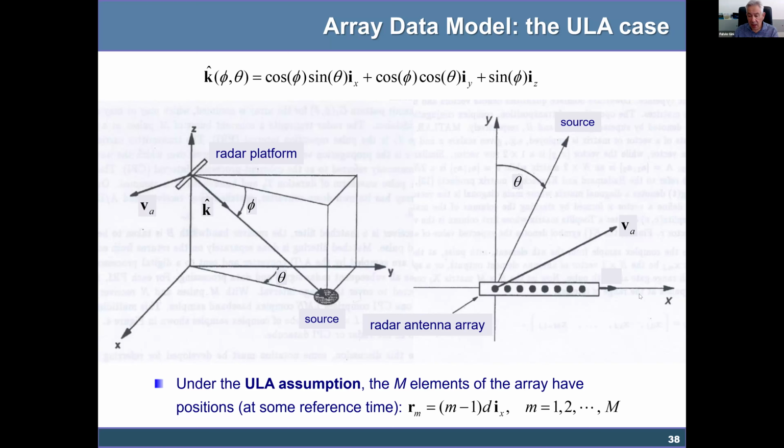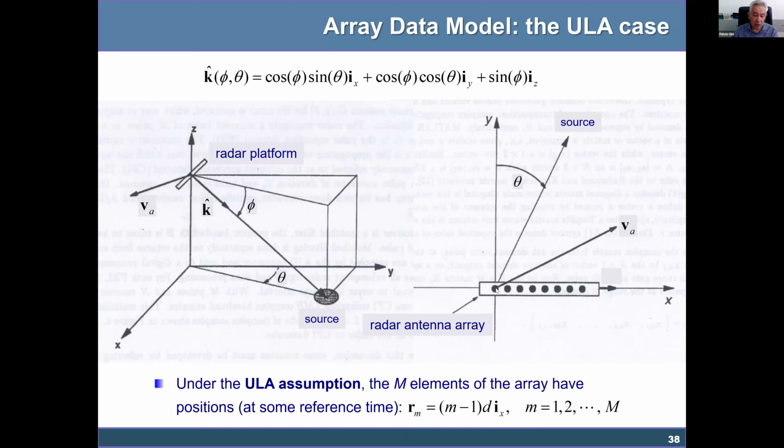Okay. Now, if you assume that the Euler array is aligned along x, the vector that expresses the position of the m-th sensor has a component only along x, so the position vector can be expressed in this way.